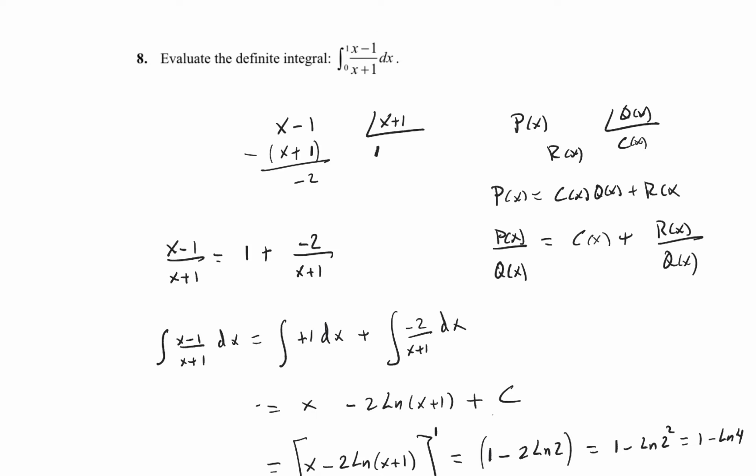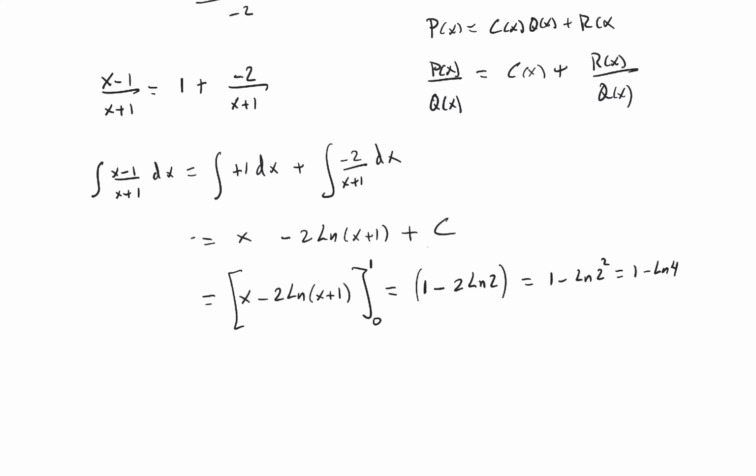Now the integral will be the integral of 1 dx plus the integral of minus 2 divided by x plus 1 dx. The integral of 1 dx is x. The antiderivative of minus 2 divided by x plus 1 is minus 2 log of x plus 1, and it's the definite integral from 0 to 1, so you don't need the c.